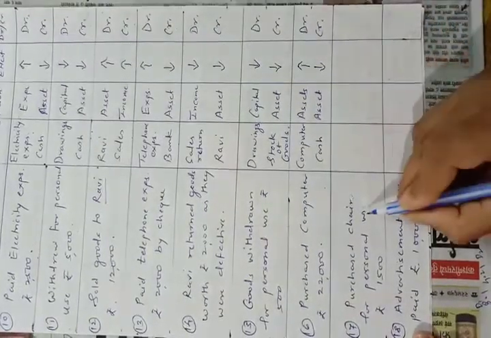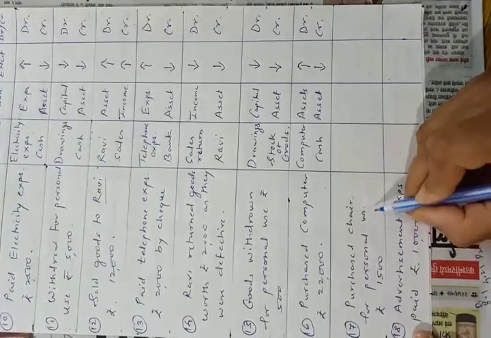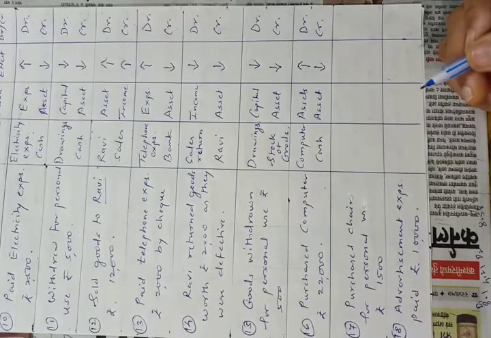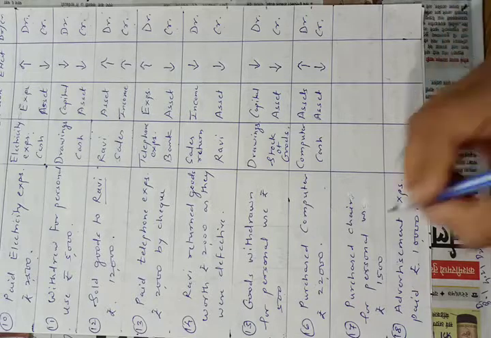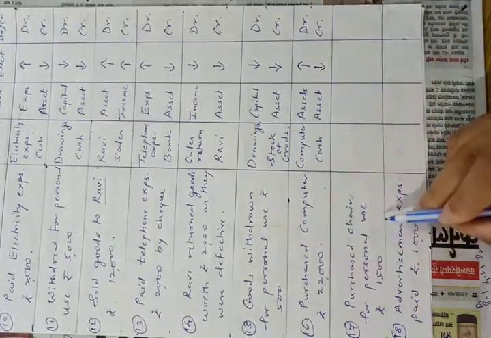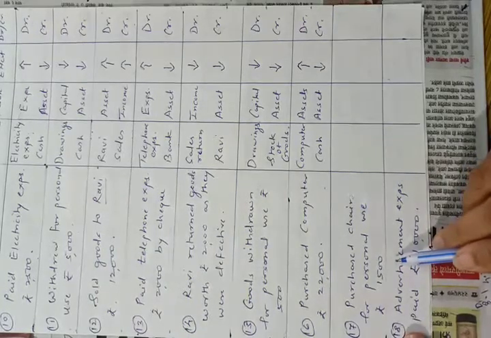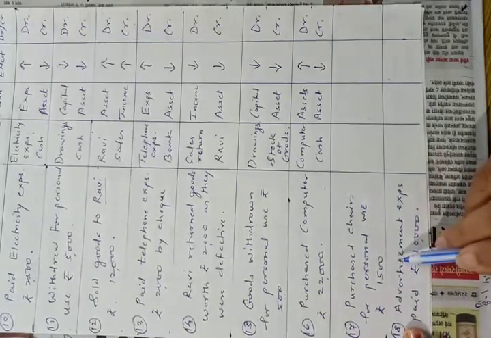Next transaction: purchased chair for personal use rupees 1,500. Again in this transaction, owner is purchasing chair for personal use using cash from the business. So this is the drawings of owner.